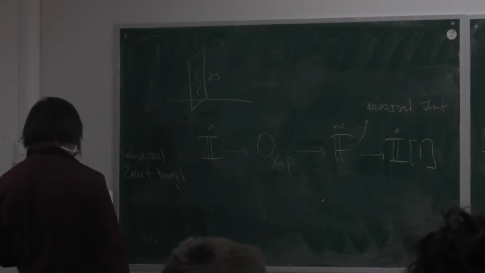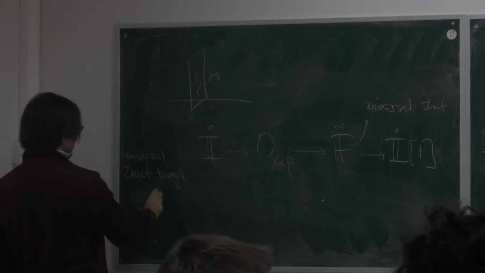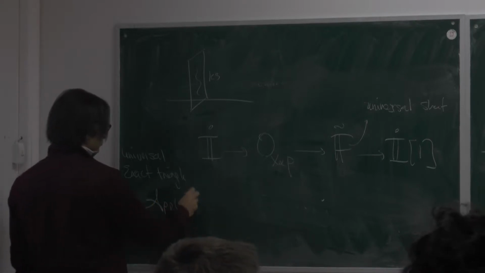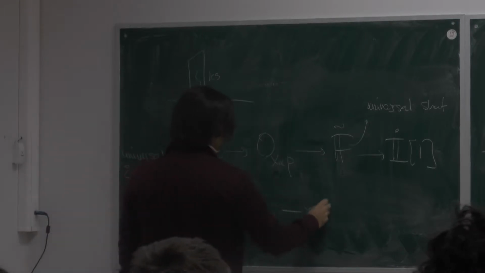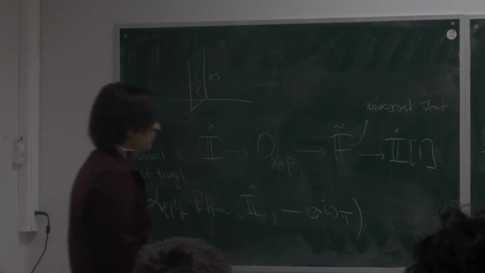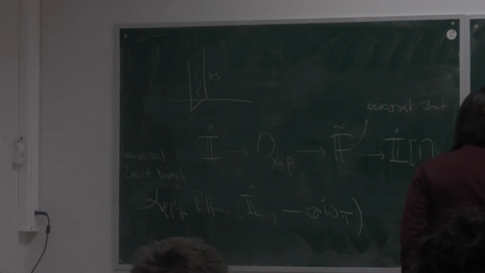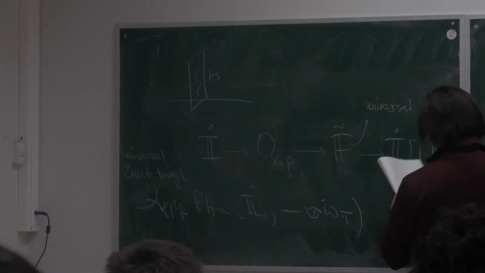And what can you do? You can apply omega pi to it and see what you get. Okay, so if you do that, you will get something like the following.